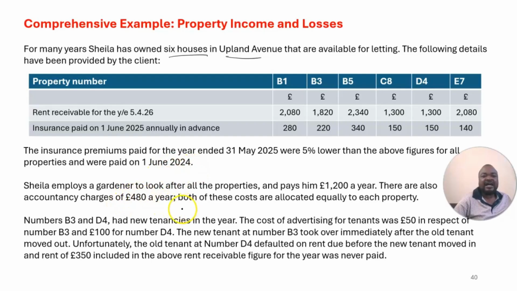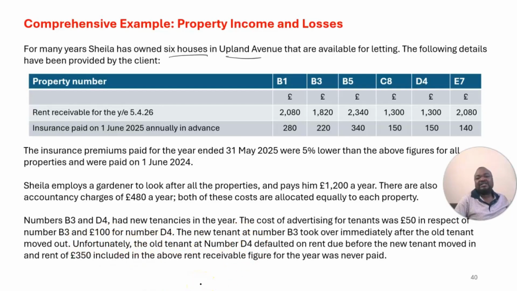Shayla employs a gardener to look after all the properties and pays him £1,200 a year. There are also accounting charges of £408 a year. Both of these costs are allocated equally to each property. Numbers B3 and D4 had new tenancies in the year. The cost of advertising for tenants was £50 in respect of number B3 and £100 for number D4.